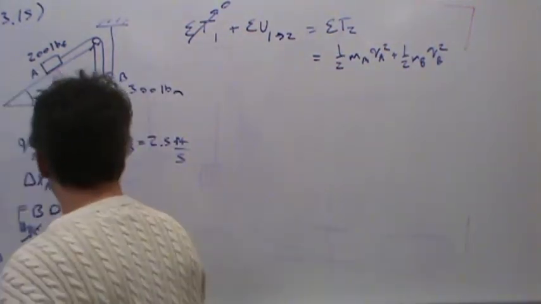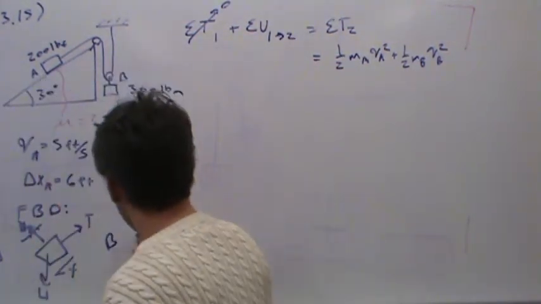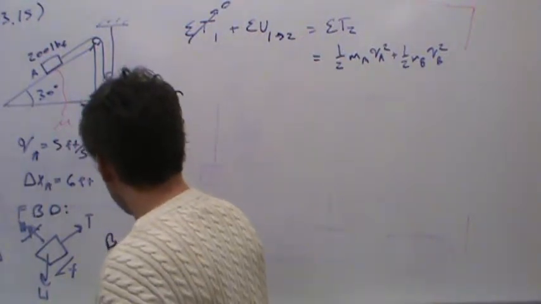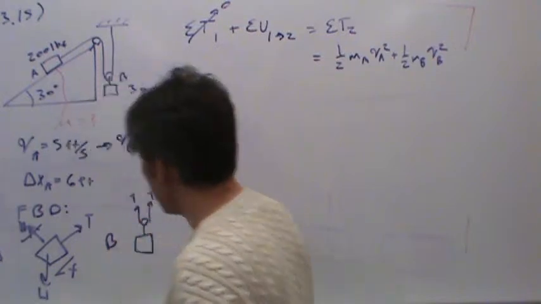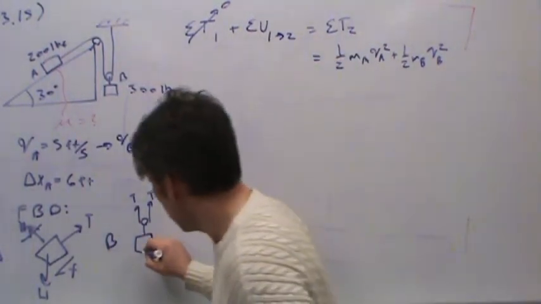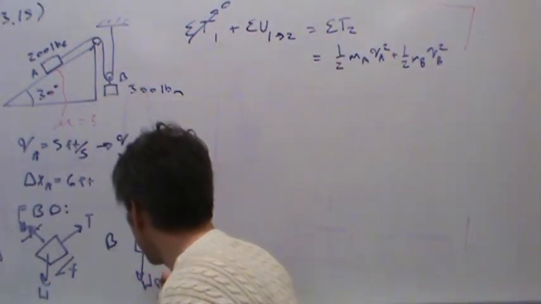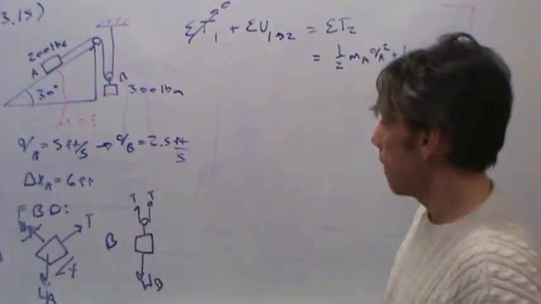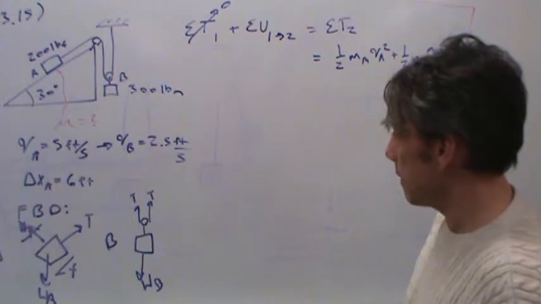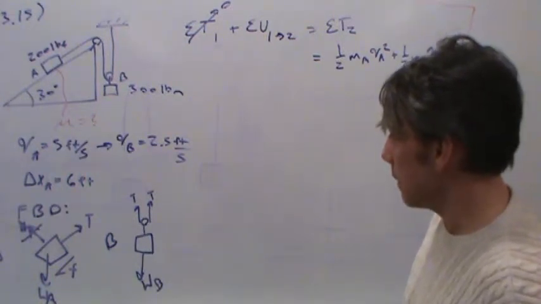How about for B? Well, let's see. B has, I'm going to attach the pulley to it so I can show you that there are two tension forces acting on B, as well as the weight force of B. Let's differentiate that from the weight force of A. Not just one, since the pulley is only in contact with the block in one spot.